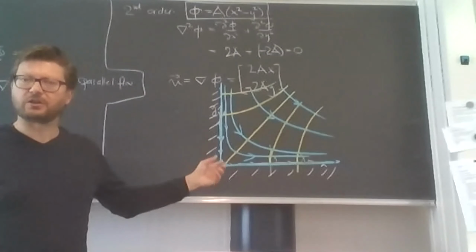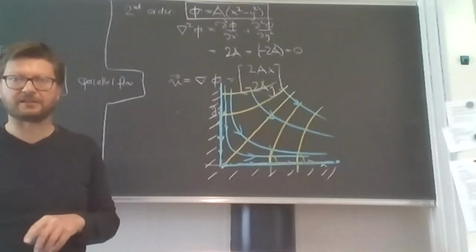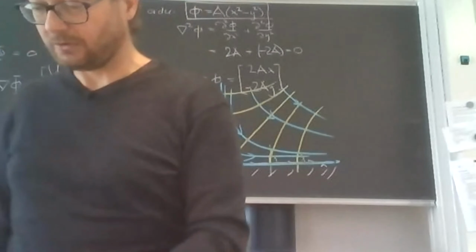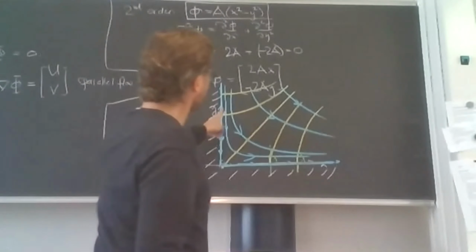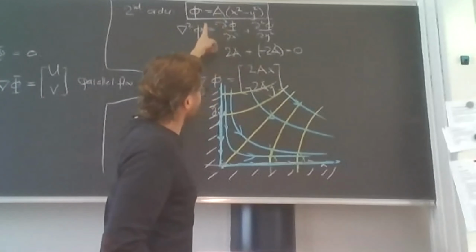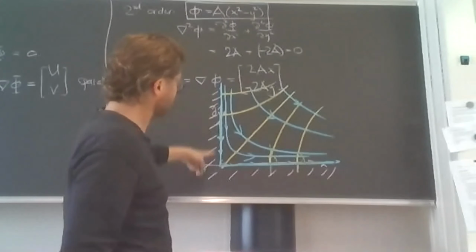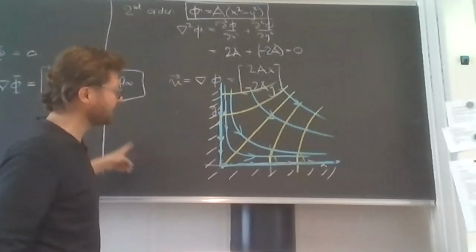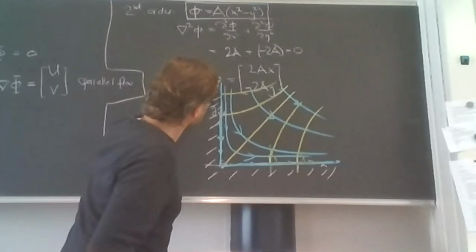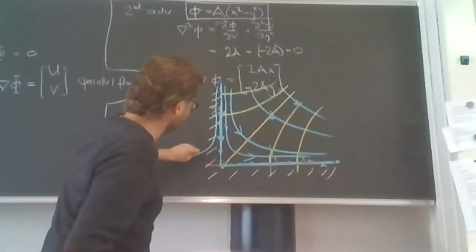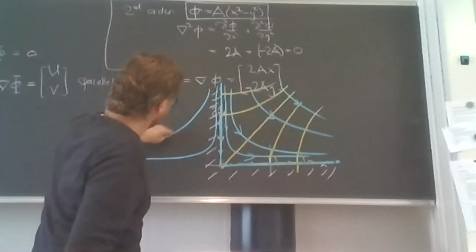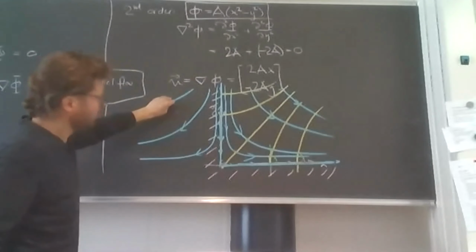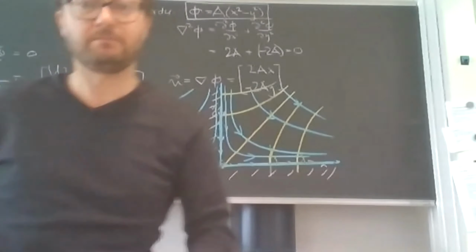So this flow is not only the solution to a rectangular corner. If you look at the equation, where did I drop my blue chalk here? Well, this is not just a solution in this part of the xy plane, it's also a solution for negative x. So the same story also works over here, right?